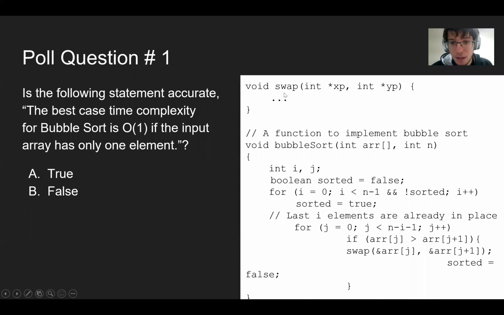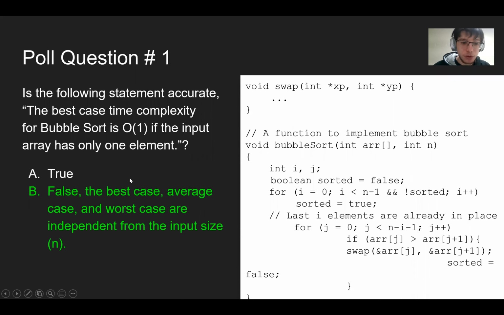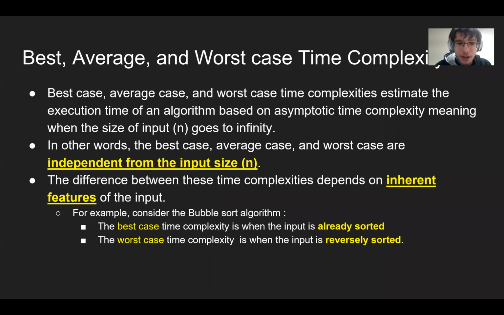And let's go to the next slide for a little bit better. So false. The best, average, and worst cases are independent from input size, as we said. It might be in relation to how the input is. Here it's inherent features of the input. So a feature of the input might be a sorted array or a reversely sorted array, right?